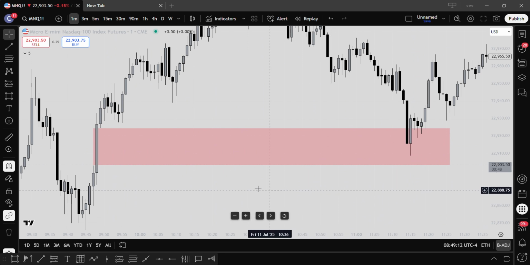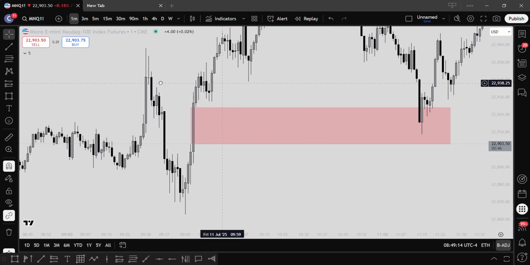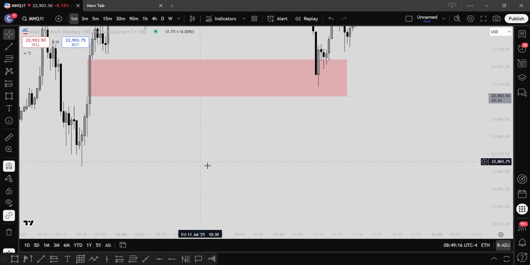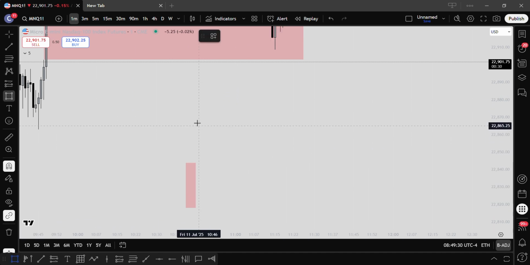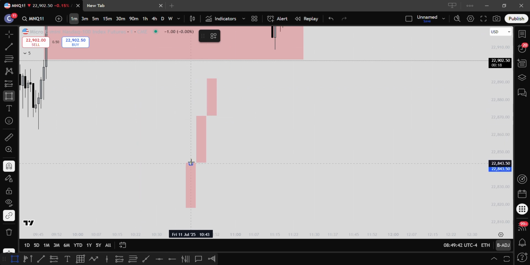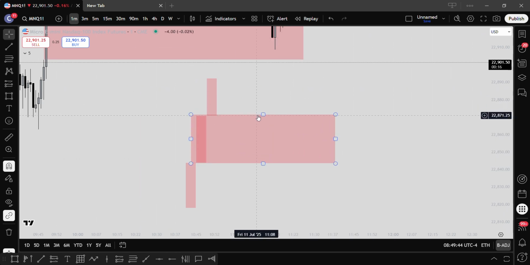So how does a fair value gap appear in the market? You will see a candle, a candle, and a candle. The gap between those candles is the fair value gap, the imbalance between them.